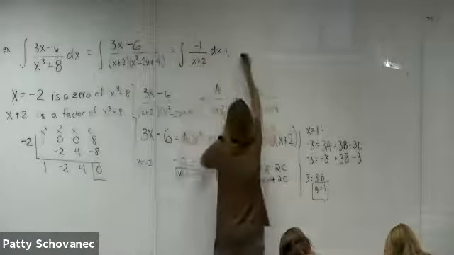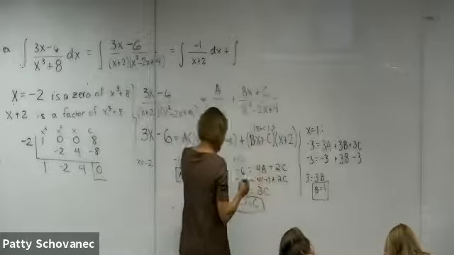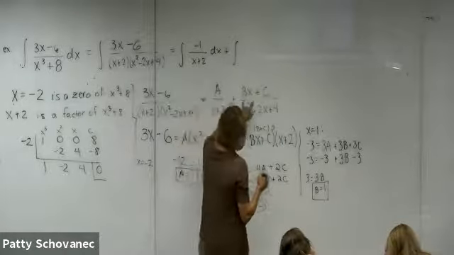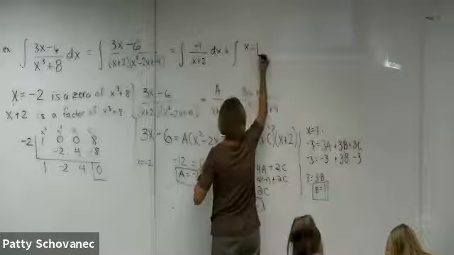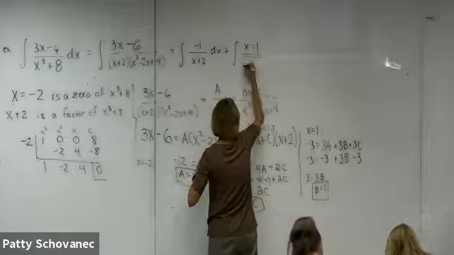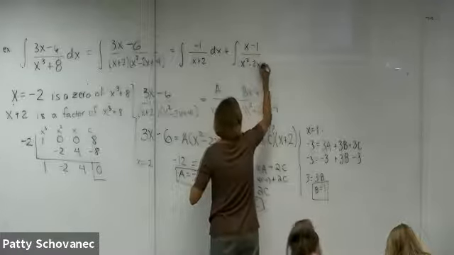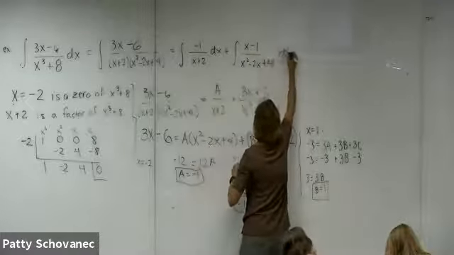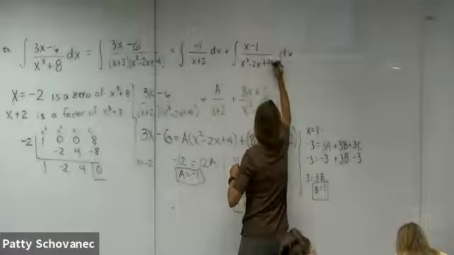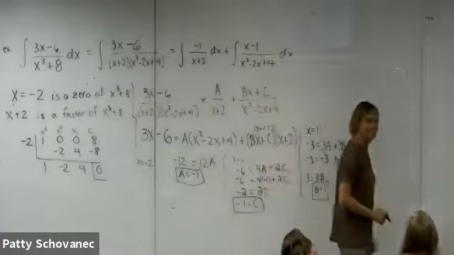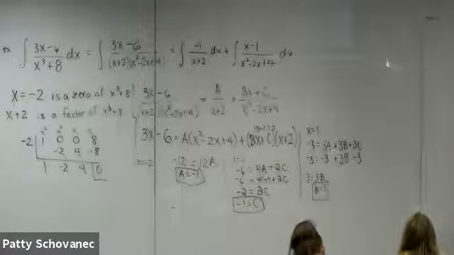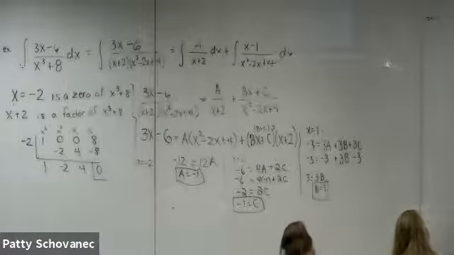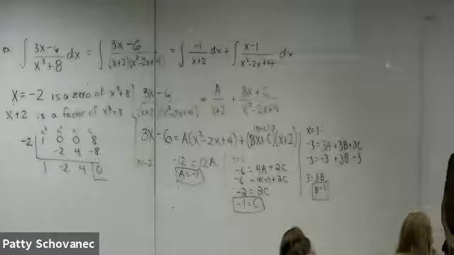Now BX plus C. B is 1, C is -1. So 1X minus 1, or X minus 1 over X squared minus 2X plus 4. I made such an awesome problem. That's beautiful. That is an awesome problem. Write it down for next semester.